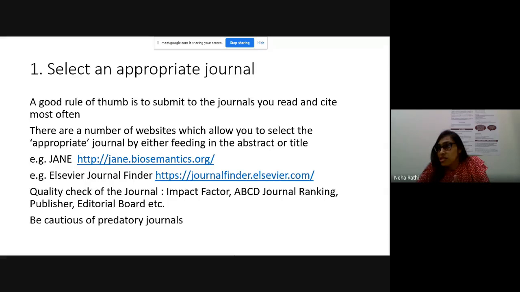Number 1, select an appropriate journal. A good rule of thumb is to submit to the journals you read and cite most often. Let's say you want to do a dissertation on nutrition education. You will do a literature review, definitely, there is no option.